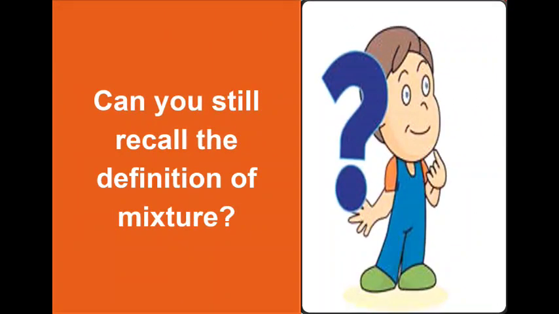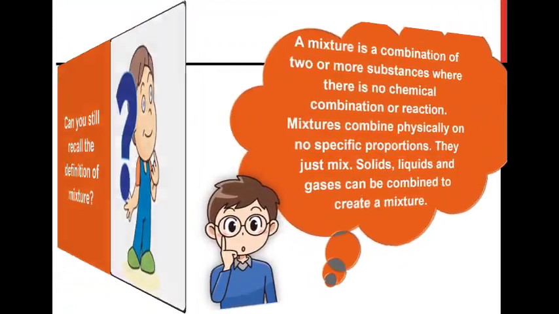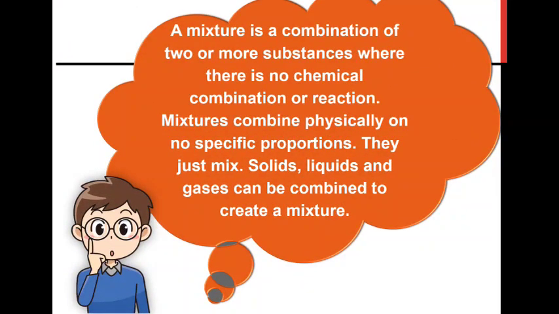Now, can you still recall the definition of mixture? A mixture is a combination of two or more substances where there is no chemical combination or reaction. Mixtures combine physically in no specific proportion.